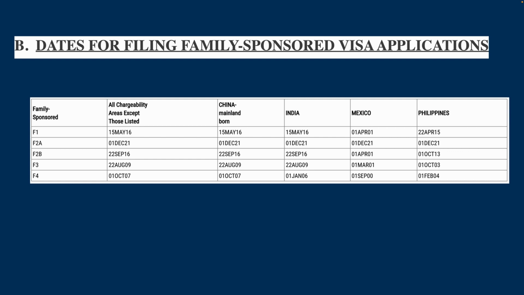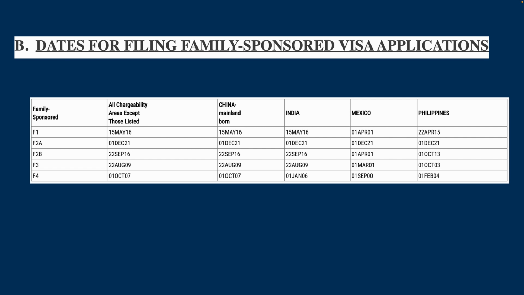So let's see dates for filing for family-sponsored visa applications. We have F1 for all chargeability areas except those listed. They are already at May 15 of 2016. So if you filed your petition, you may now gather all the documents and submit them to the National Visa Center if your date of filing was May 15 of 2016, except again for Mexico and Philippines.